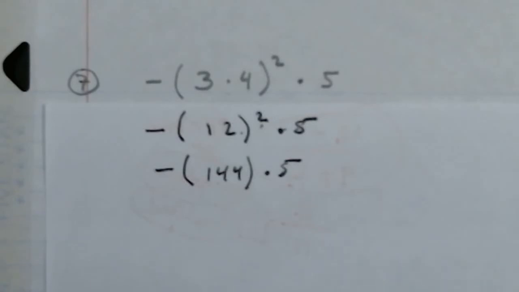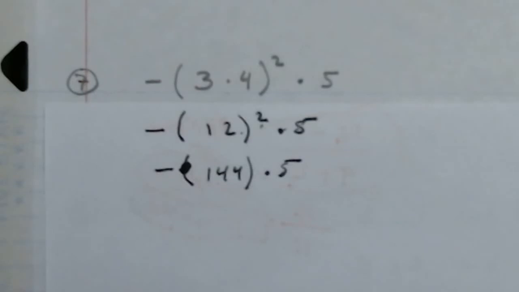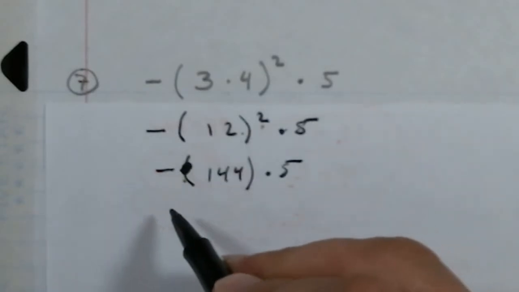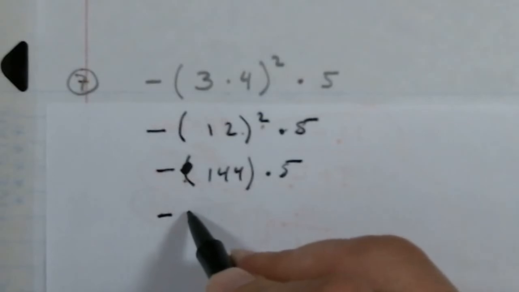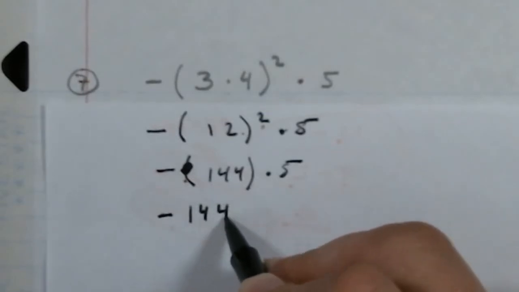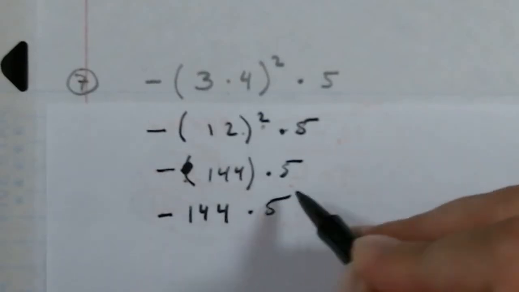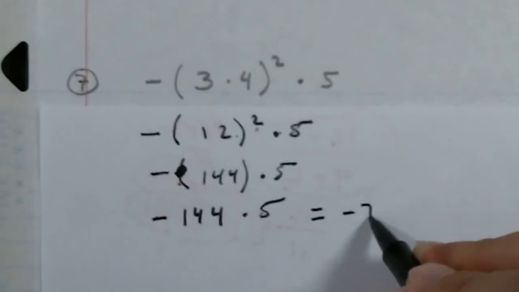Isn't this really a multiplication, to tell you the truth? Well, isn't this negative 144 times 5? Isn't that correct? And that should be negative 720.